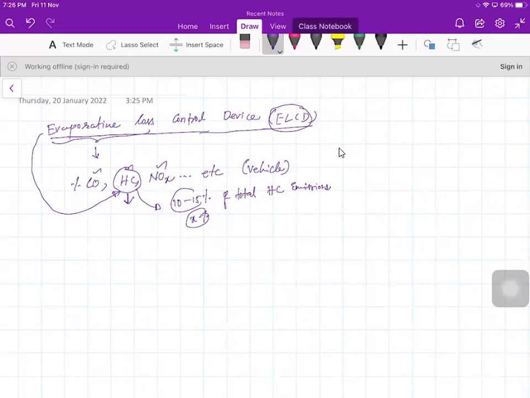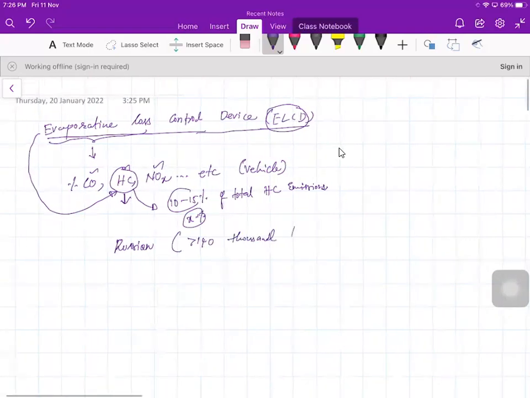For example, Russia has reported that greater than 140,000 tons of hydrocarbons were emitted per year.